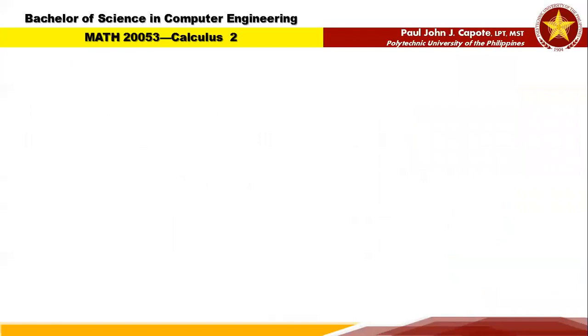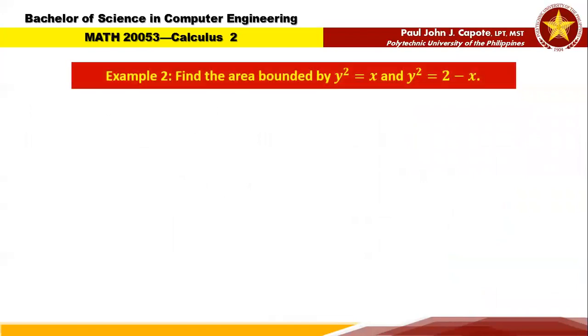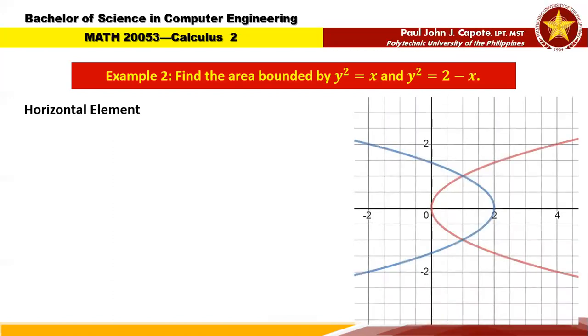Let's try this second example. Find the area bounded by y squared equals x and y squared equals 2 minus x. We'll apply the horizontal element of area. We need to graph the functions on the Cartesian plane to visually analyze the horizontal element.